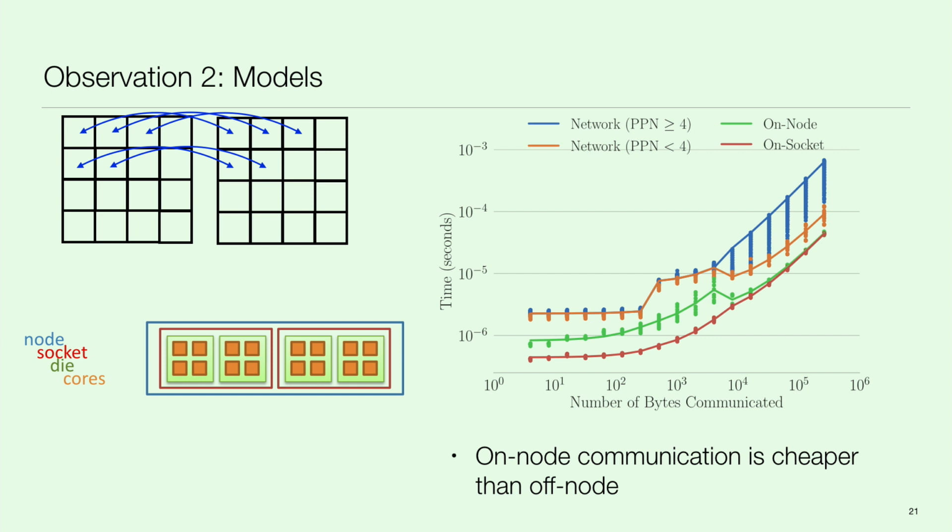And the other non-surprise is that on-node communication is cheaper than off-node. In fact, it can be quite a bit cheaper. And if we extend that all the way down to socket level, communication on socket is cheaper than on-node. So we're going to try to take some of these observations and pull them into a way to organize some of the communication in the sparse matrix vector multiply.